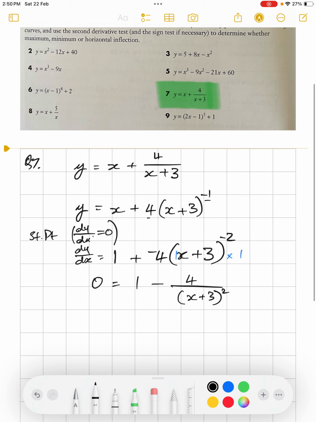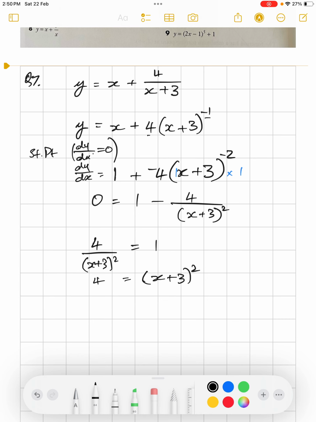There's our derivative. I'll take the negative across to be positive, so it's 4 over x plus 3 squared equals 1. I will take that denominator x plus 3 squared across to be multiplied by 1.